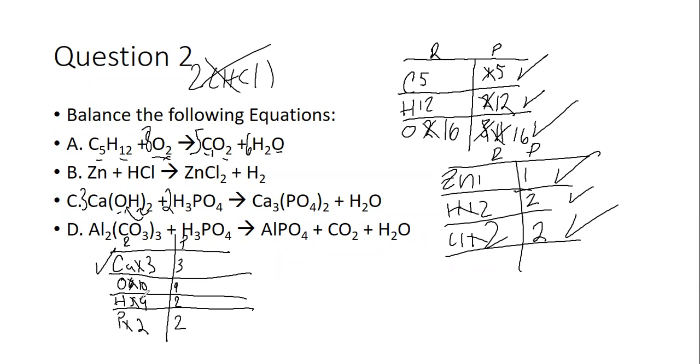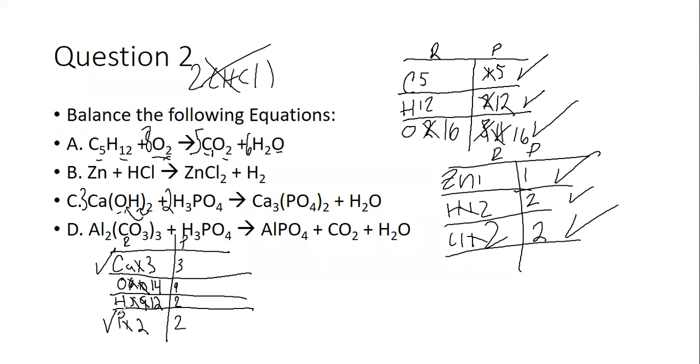So that is 12 hydrogen on the left. Now 2 times 4 oxygen, which is 8, plus 3 times 2, which is 6. 8 plus 6 is 14. So now our phosphorus are balanced.